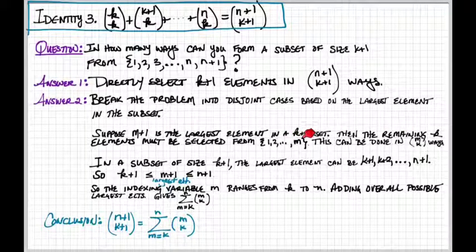So they come from the set 1, 2, up to m. So we're picking k elements from a set with m elements, and this can be done in m choose k ways.